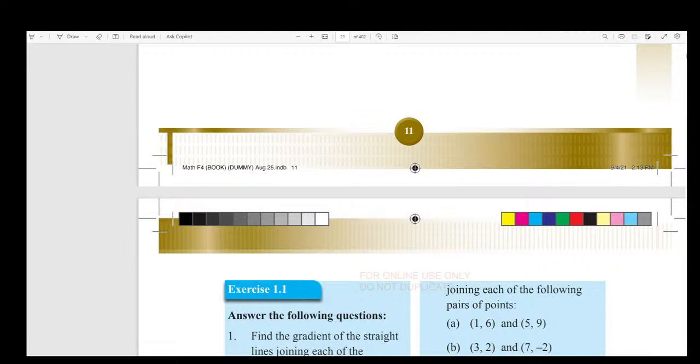So we are going to continue with the solving session on the concept of coordinate geometry.